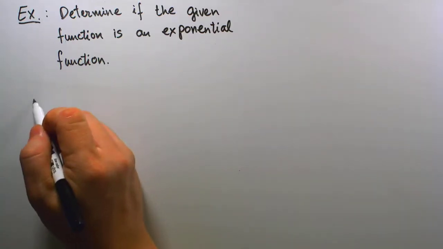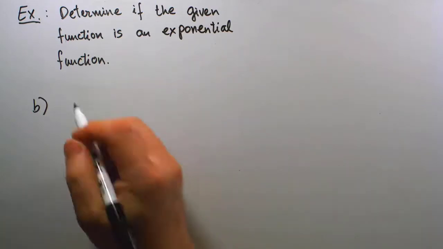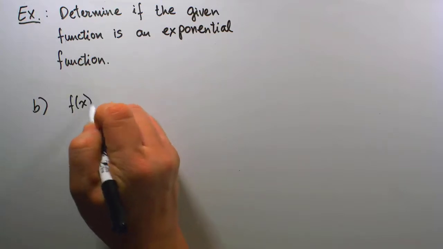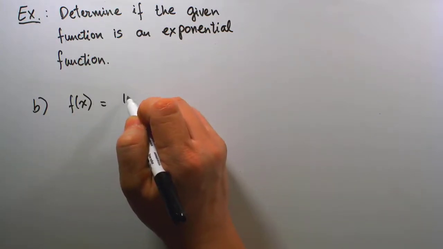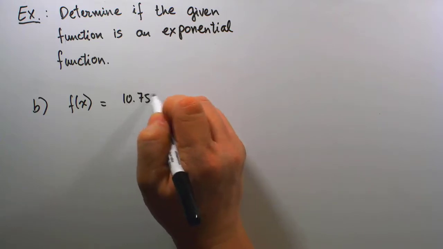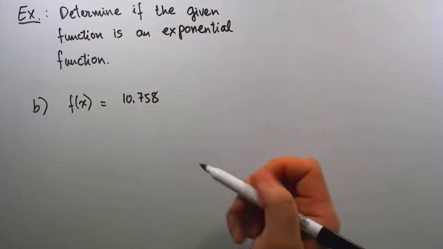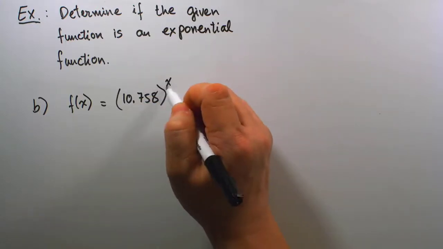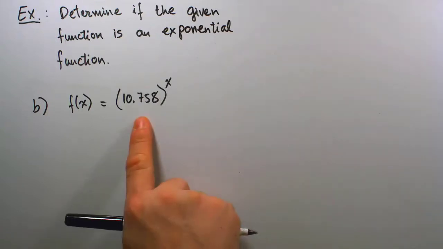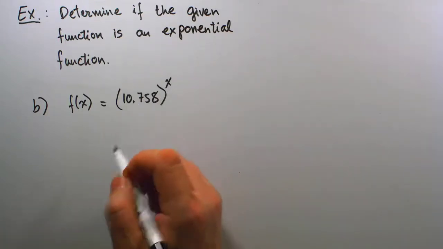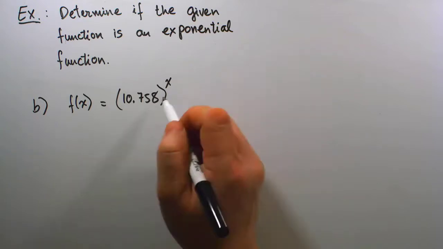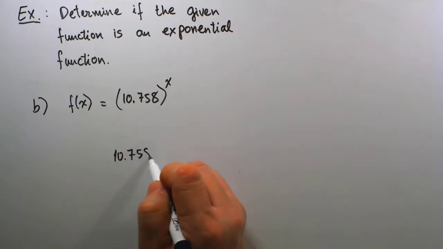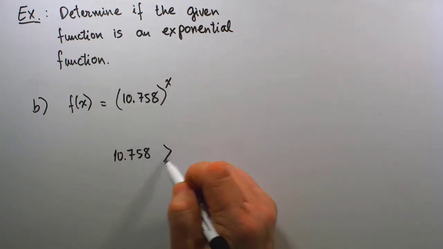In a different question, we can look at a function 10.758, a really crazy looking decimal, but raised to a power x. Can this be an exponential function? Again, what I see here is the base itself, even though not a whole number, in the end it's a positive value.